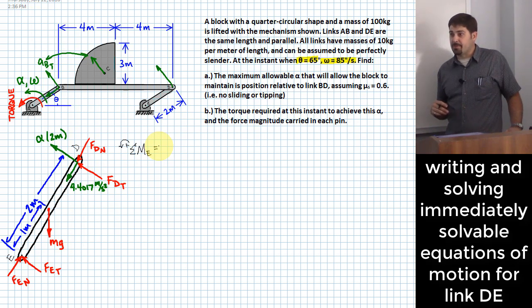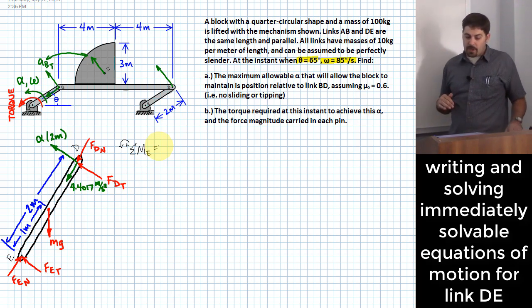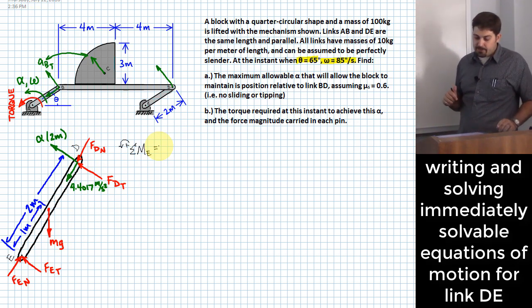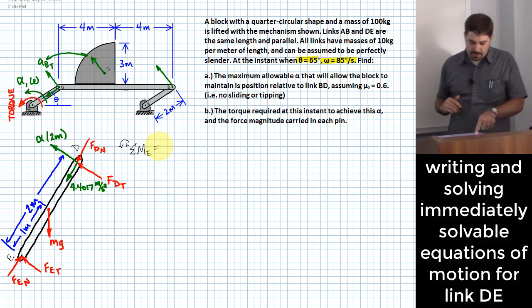How many do I really eliminate? 3. Which other one? FDN, the force at D in the normal direction. I eliminate that one as well. So with one equation, I can find FDT. Let's start putting those in here.